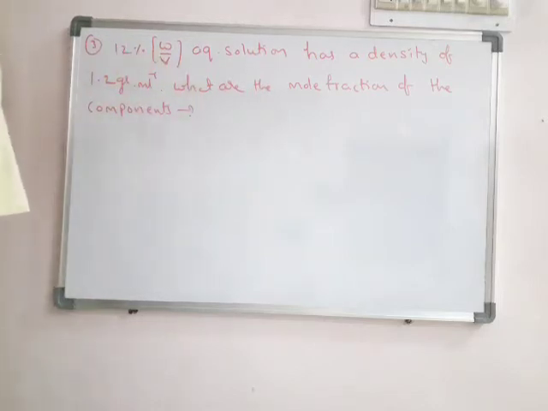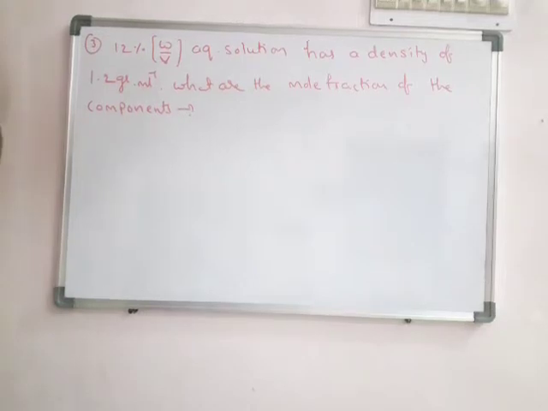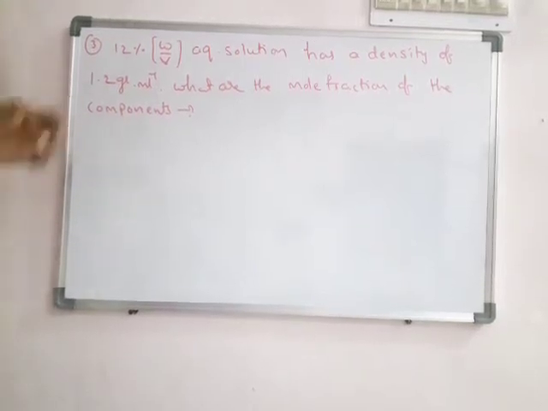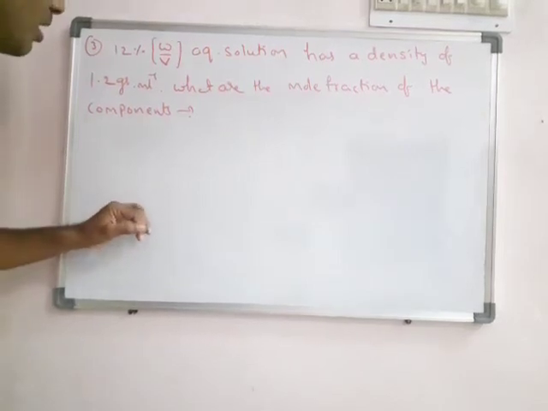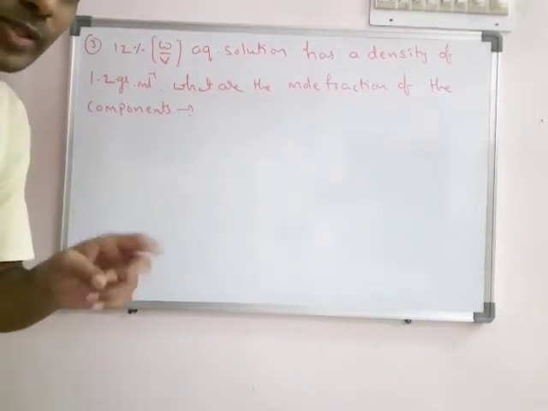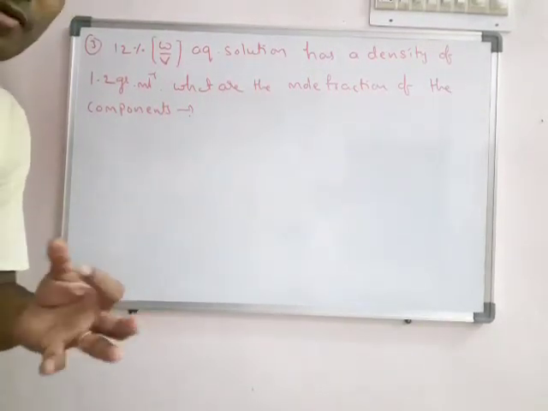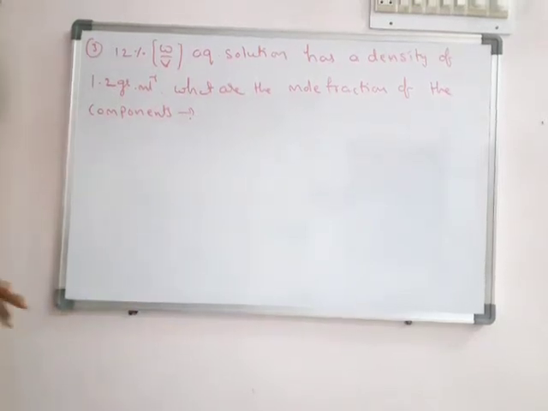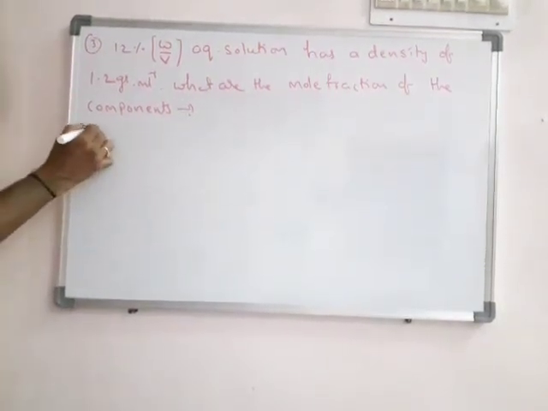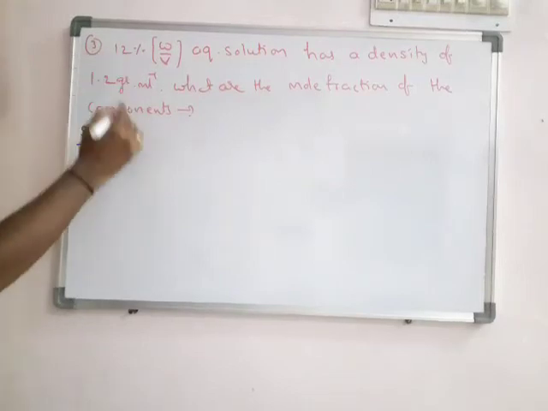Okay, so here it is given 12% weight by volume. 12% weight by volume means, I think we already did this problem. I think yesterday we did this problem. So no problem, once again we will see it quickly. So here weight 12%.